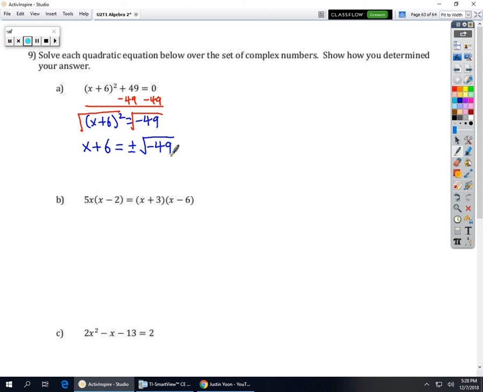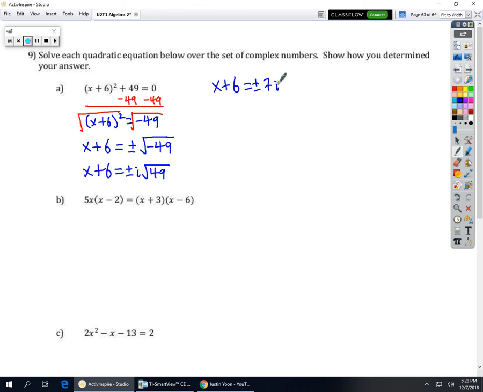Now, I don't like the square root of negative 49. I need to remove that negative, and we do that by putting an i on the outside. What is the square root of 49? That's 7. So I got x plus 6 equals plus or minus 7i.